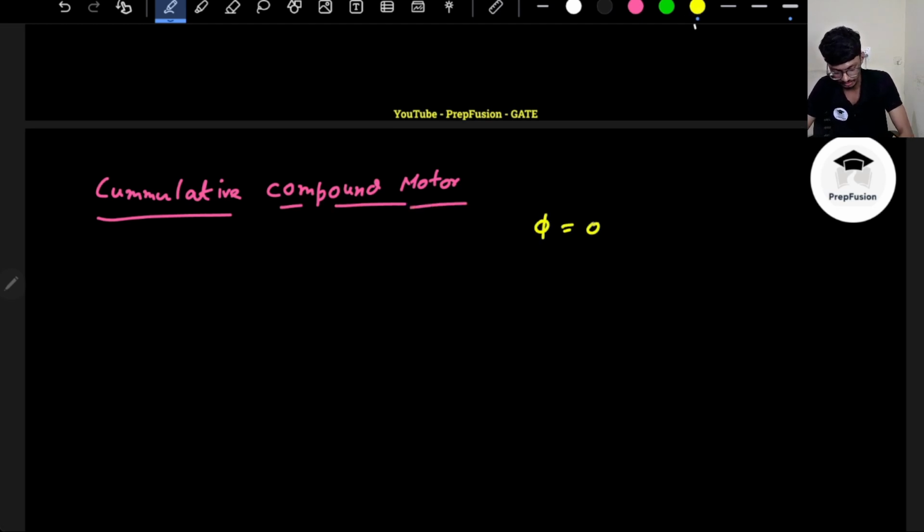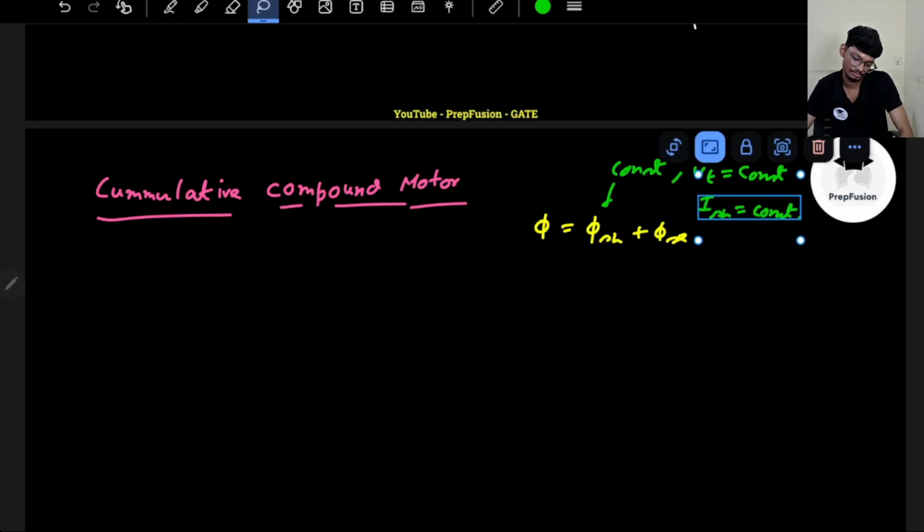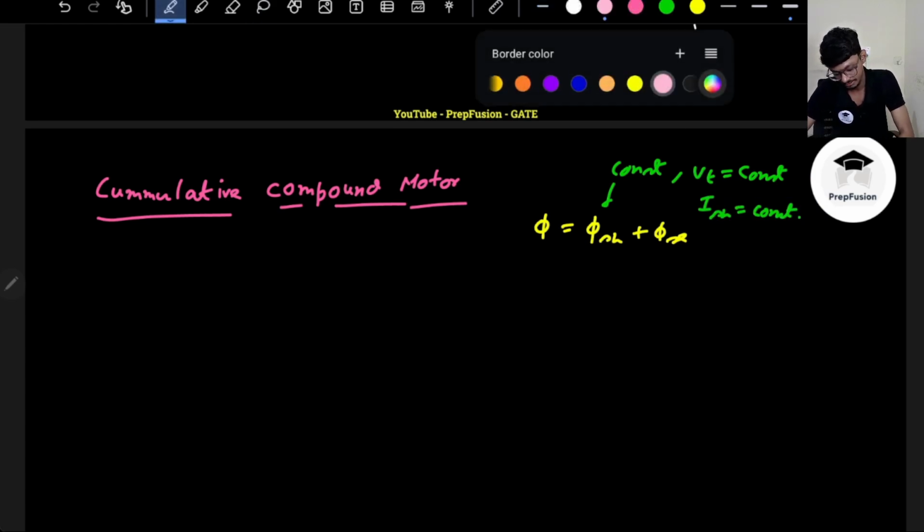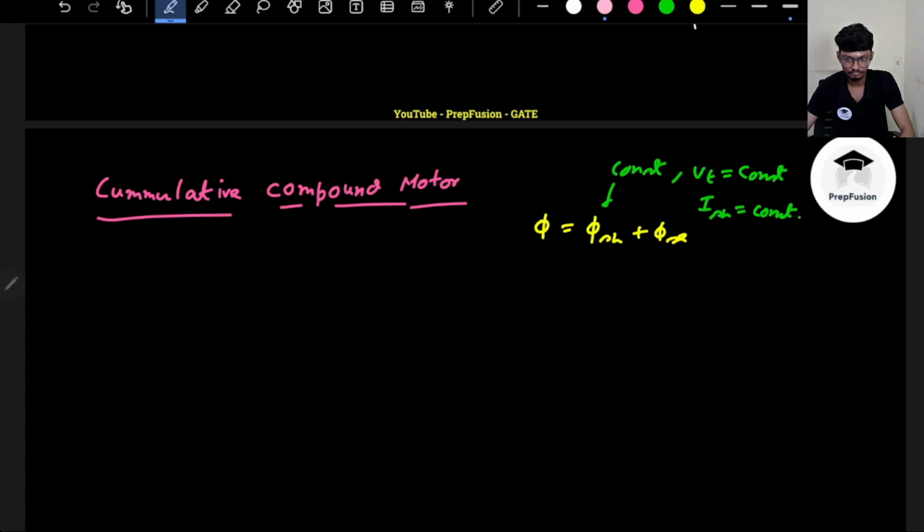Flux equation: phi equals shunt flux plus series flux, but shunt flux is constant, right? Because Vt is constant. Vt is constant. So If also will be constant. Ish also will be constant.